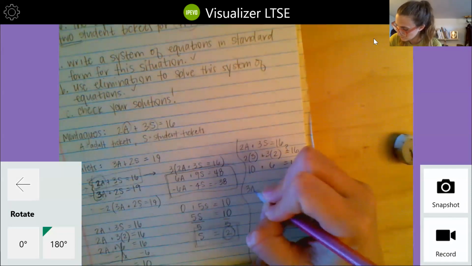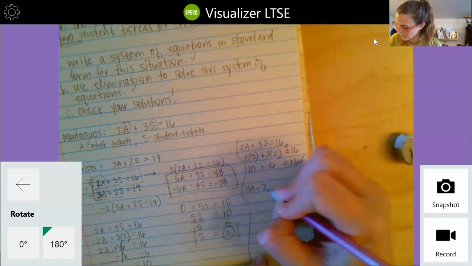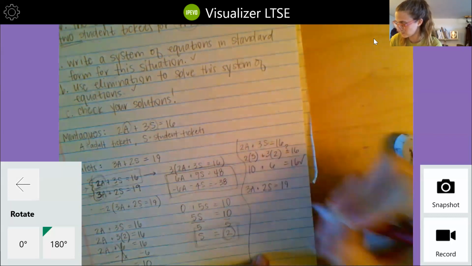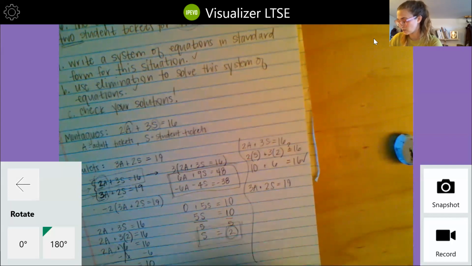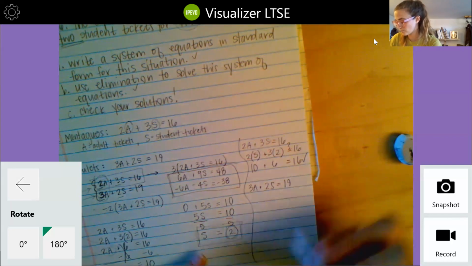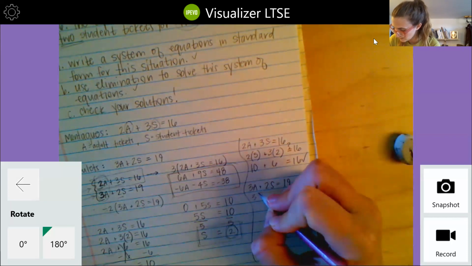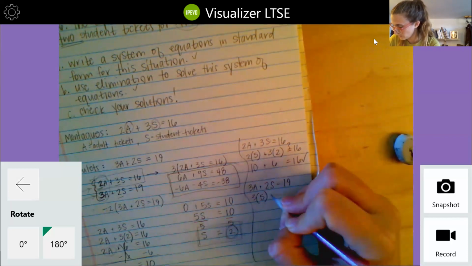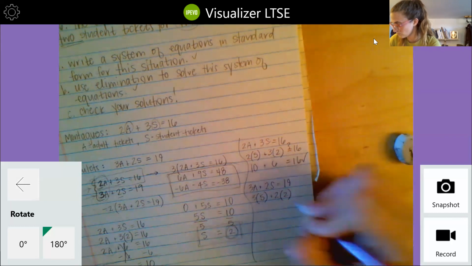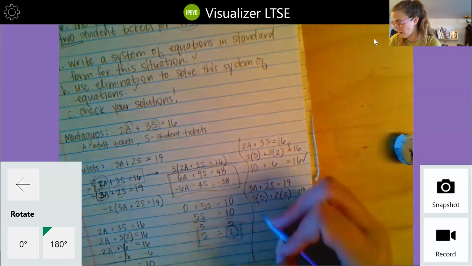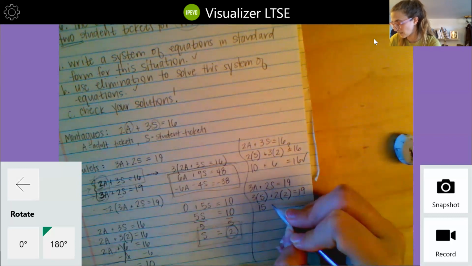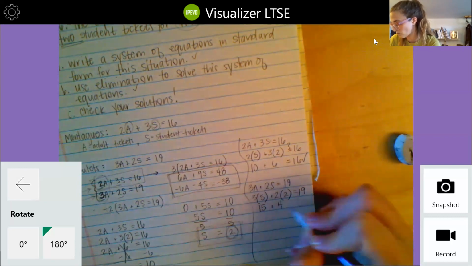Now let's check our second equation. 3a plus 2s equals 19. A is equal to 5. S is equal to 2. So I get 3 times 5 plus 2 times 2 equals 19. 3 times 5 is equal to 15 plus 2 times 2 is equal to 4.